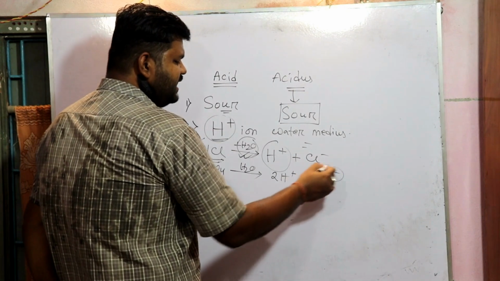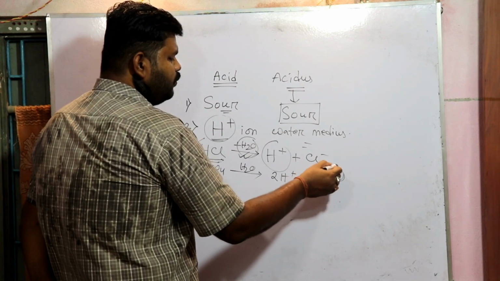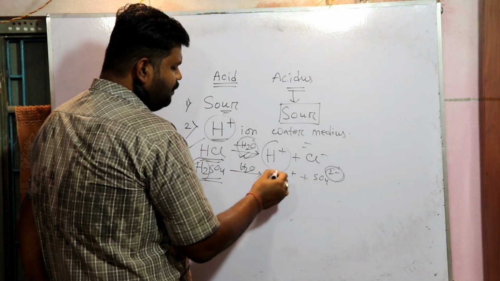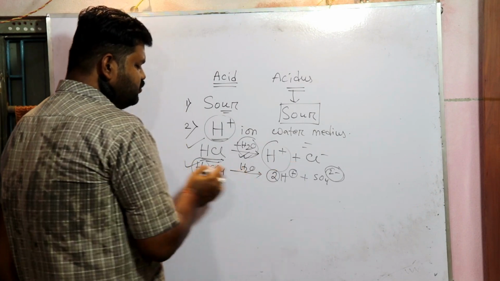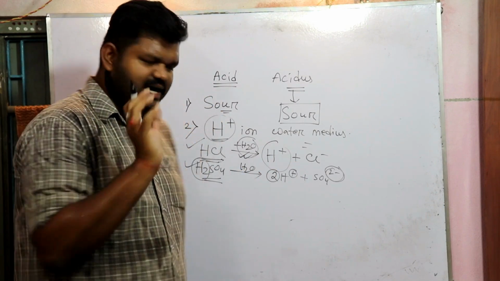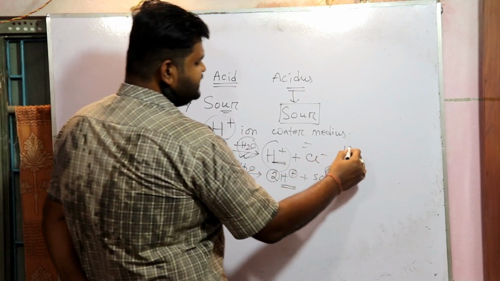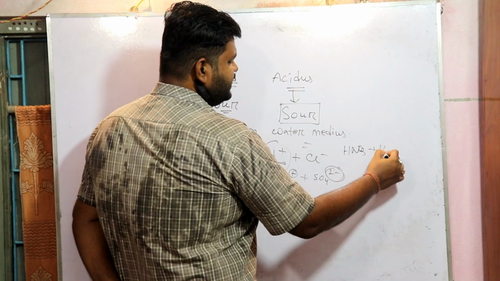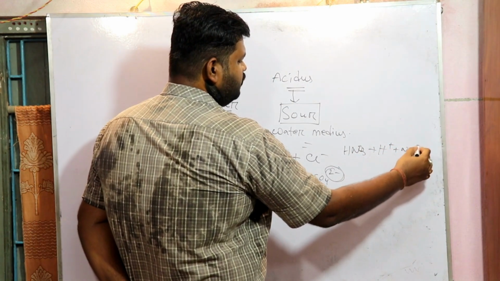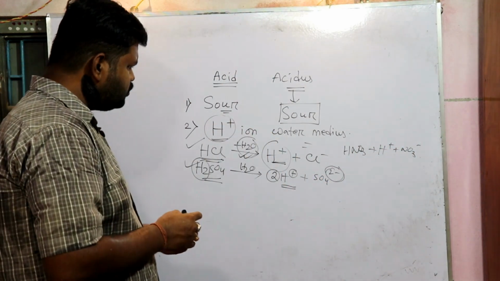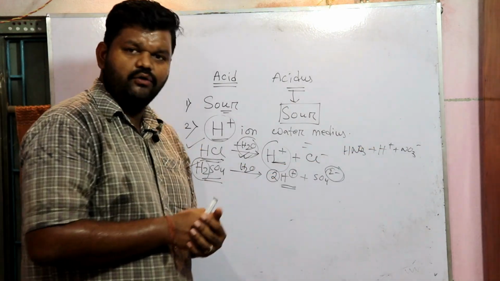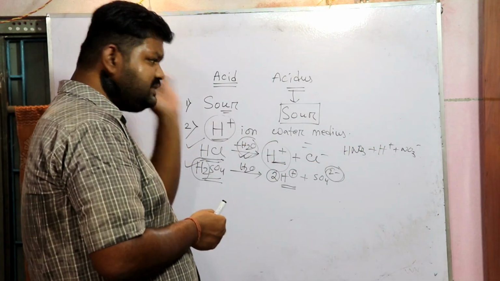Why 2- here? Because the 2- will balance the 2+ charge, and the compound will be neutral. Similarly, from HNO3 you will get H+ and NO3- ion. That means the substances which give H+ ions in the aqueous medium are known as acids.